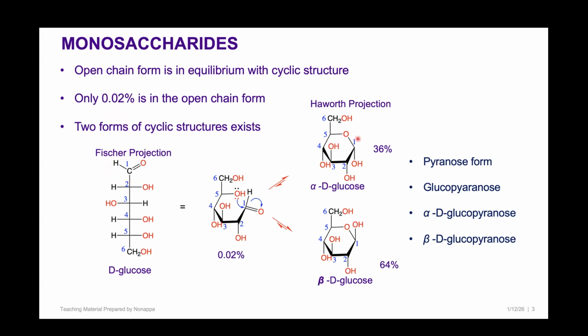And this cyclization results in two different isomers as a result of the chiral center created at carbon number 1, which is not chiral in the open chain form because we have an sp2 hybridized carbon center. The newly formed cyclic structure always has a new additional chiral center. In glucose, we have beta D glucose, which is always 64% compared to alpha D glucose.